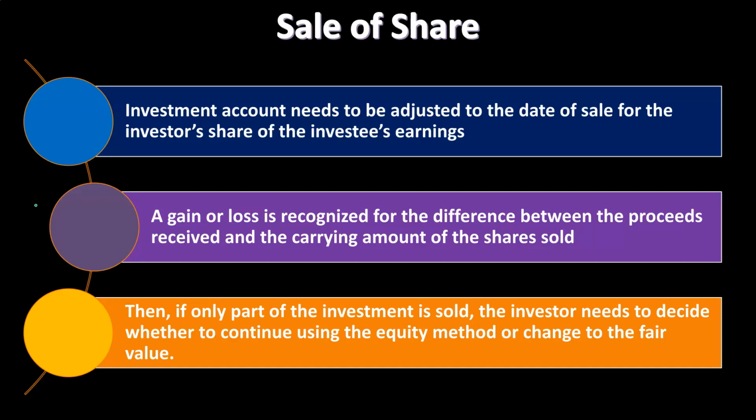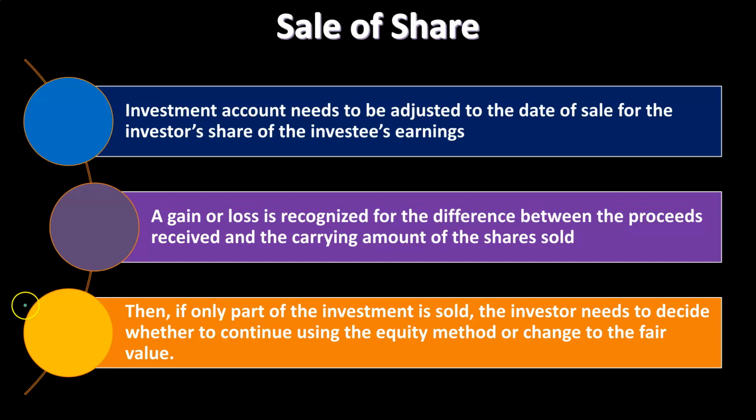Then, if only part of the investment is sold, the investor needs to decide whether to continue using the equity method or change to fair value. In other words, what if you had something you had significant influence over, presumably over 20% investment, and you sold part of it but not all of the stock, so you still have some left over? Then you have to ask, does that sale take away my ability to have significant influence?